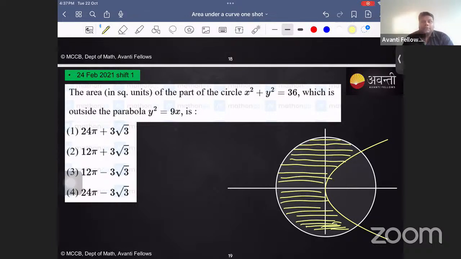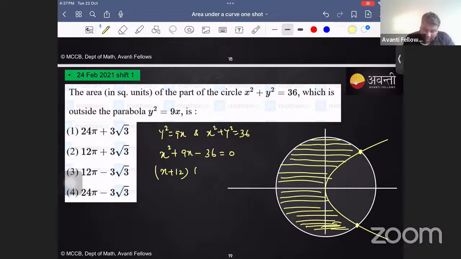First of all, to get this area, I have to find these two points. So solve y square equals 9x and x square plus y square equals 36. So it is x square plus 9x minus 36 equals 0. The factors are 12 and 3, so it will be x plus 12 into x minus 3 equals 0.